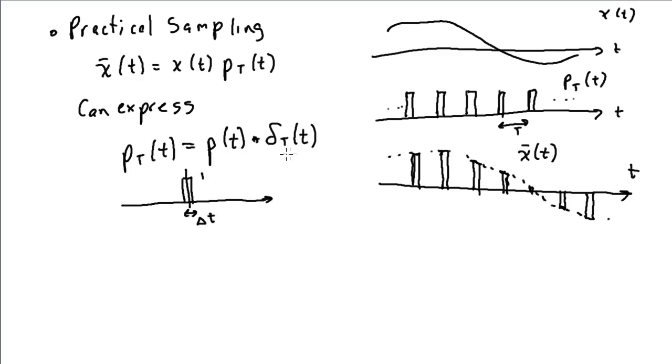But when we convolve with our infinite impulse train, it gives us an infinite pulse train.